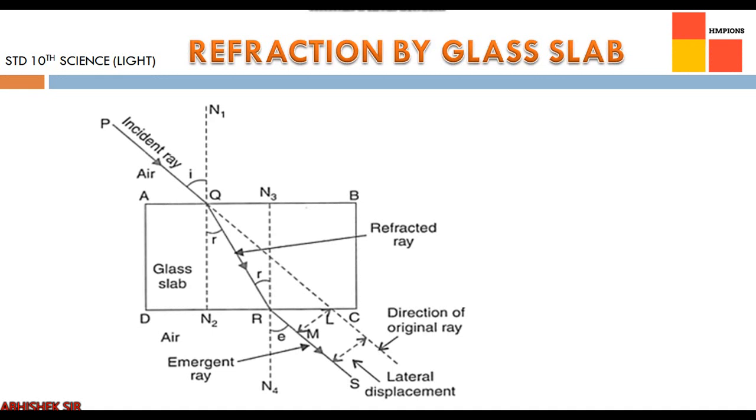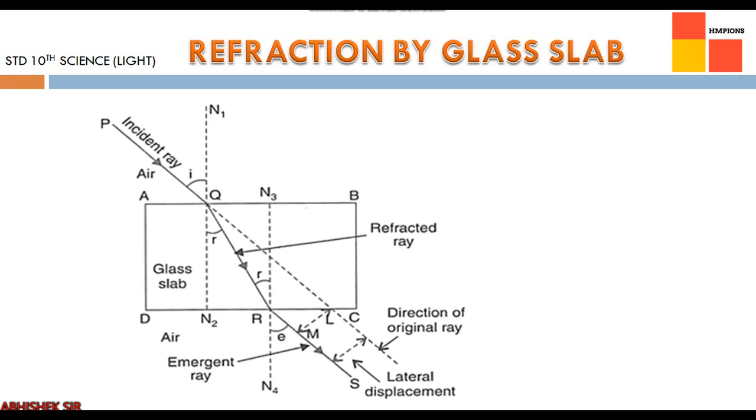Over here in this figure we can see a glass slab ABCD, the rectangular glass slab. PQ is the incident ray, then it goes inside the glass slab, so it becomes QR, and then it comes out of the glass slab, it becomes RS. So PQ is the incident ray, QR is the refracted ray, and RS is the emergent ray. Now you see dotted lines.